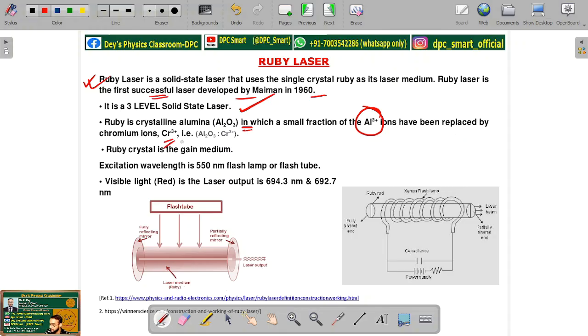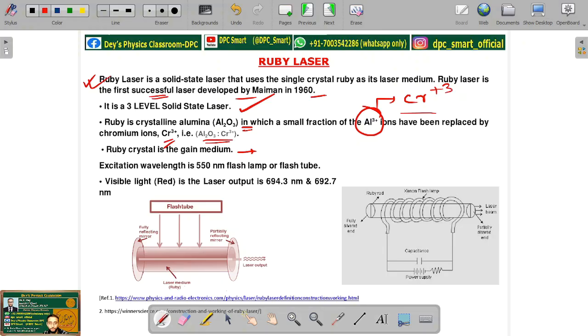That means, for its formula, Al2O3 where some of the Al plus 3 ions are removed and replaced by chromium plus 3 ions, and this single crystal ruby is used in the Ruby Laser as the gain medium.